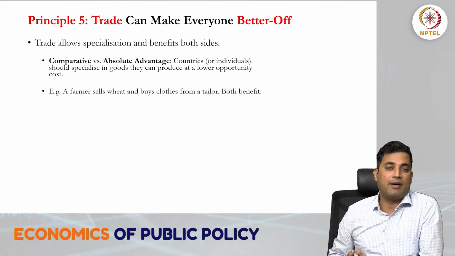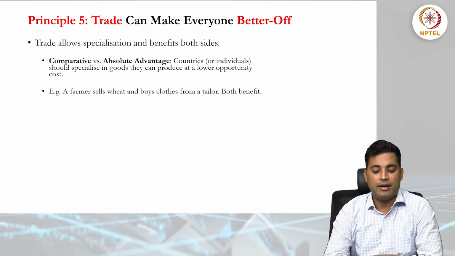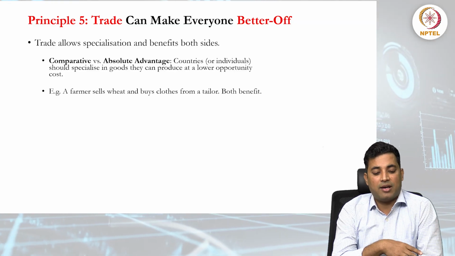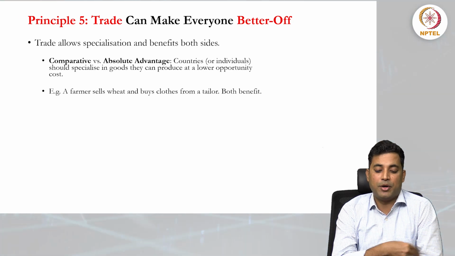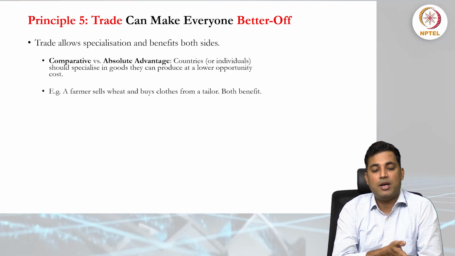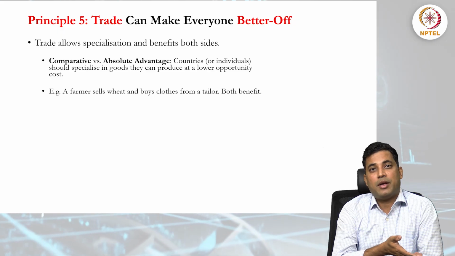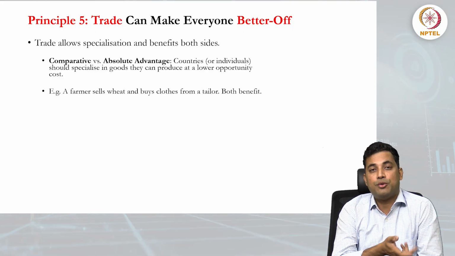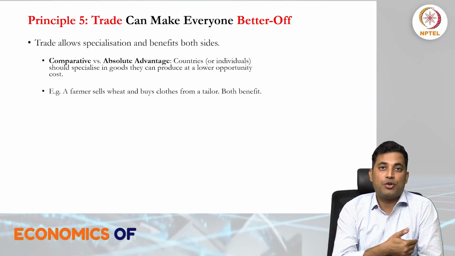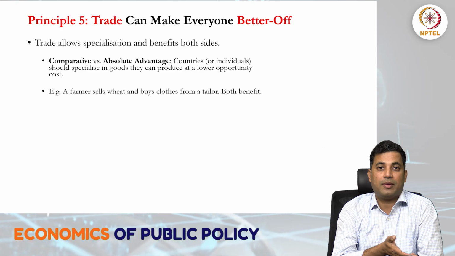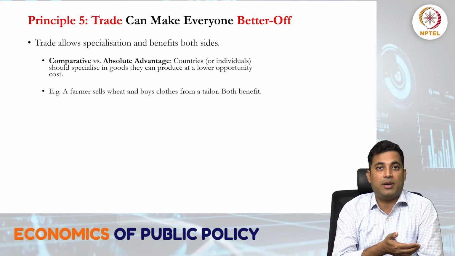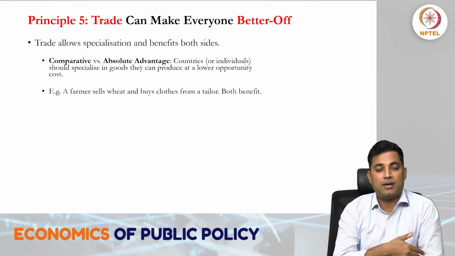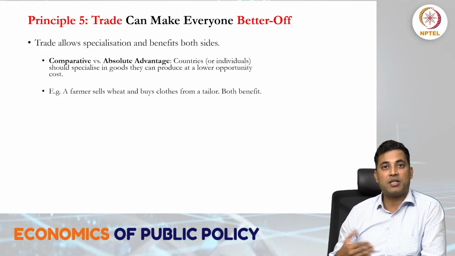Comparative and absolute advantage, I would like to highlight here: whether individuals or countries, they should specialize in goods that they can produce at a lower opportunity cost. So that if trade is happening between two people, two commodities, or two countries, it happens efficiently, and both parties should be happy while exchanging the specialized goods.